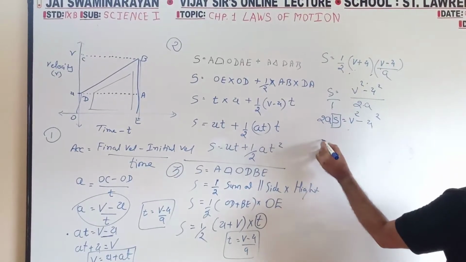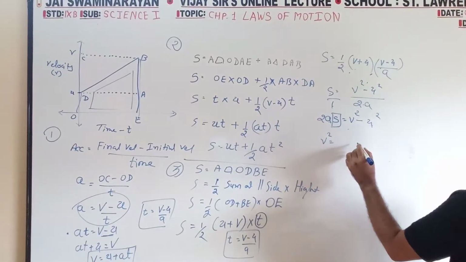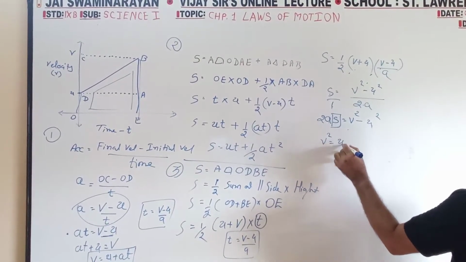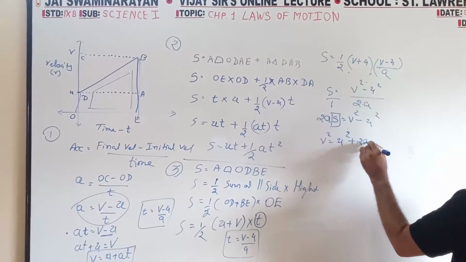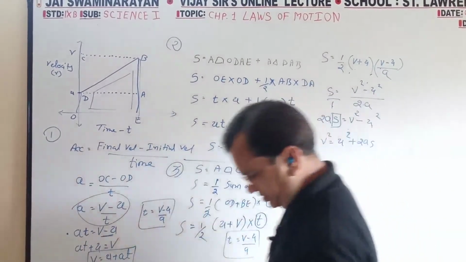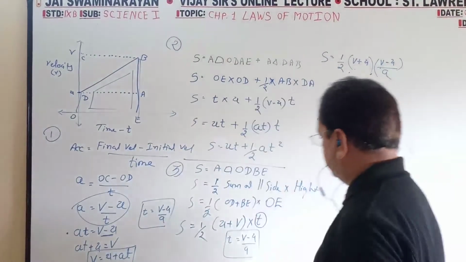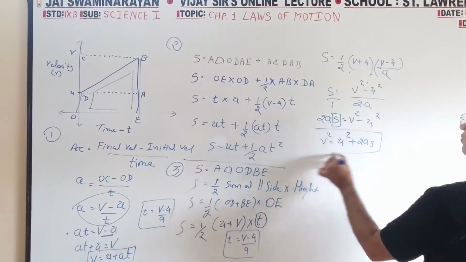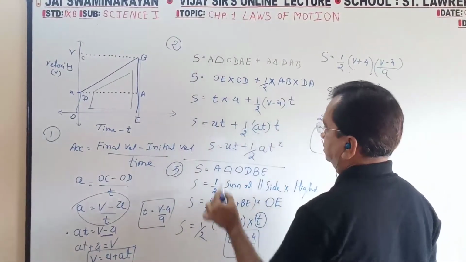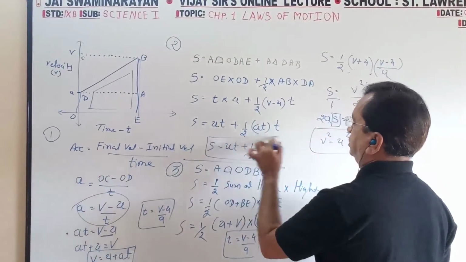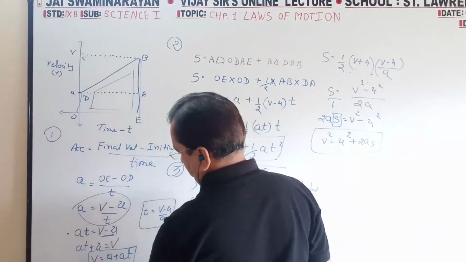This I will take to this side. So V square is equal to U square plus 2AS. Left is equal to right. So this is the third equation of motion. This is the second equation of motion. This is the first equation of motion.